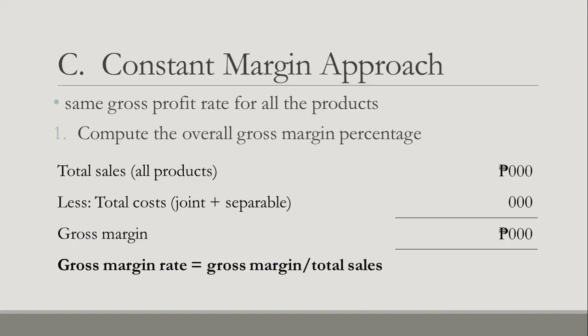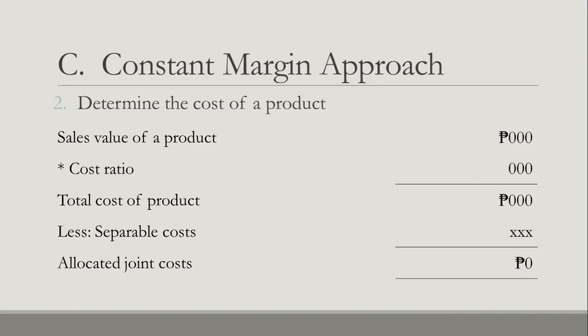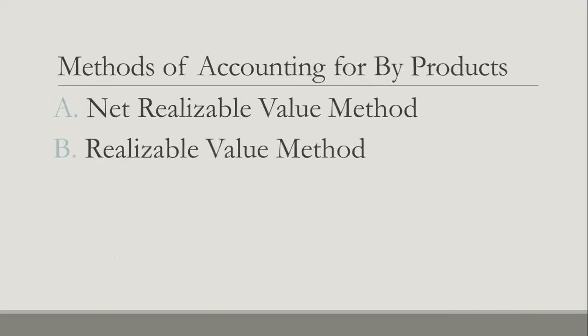This is just an inverse relationship with your cost ratio analysis. To determine the cost of a product, you multiply your sales value for the product with your cost ratio. You will then get your total cost of product. Then you subtract your separable costs, and you will get your allocated joint cost. Okay, so now we are already finished with the accounting for joint products.